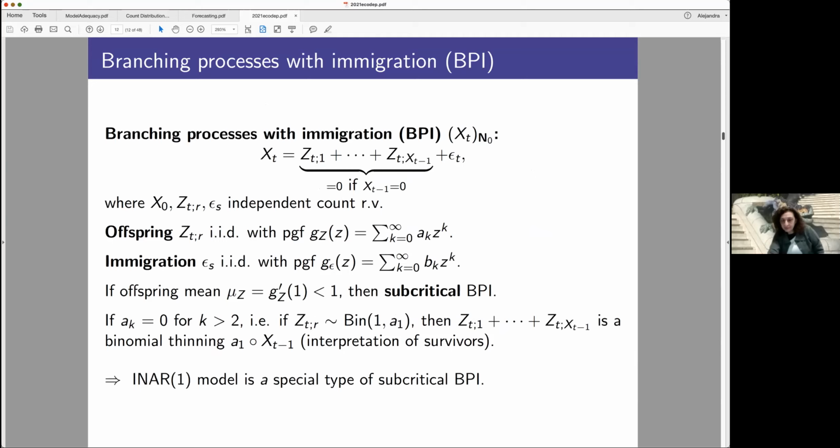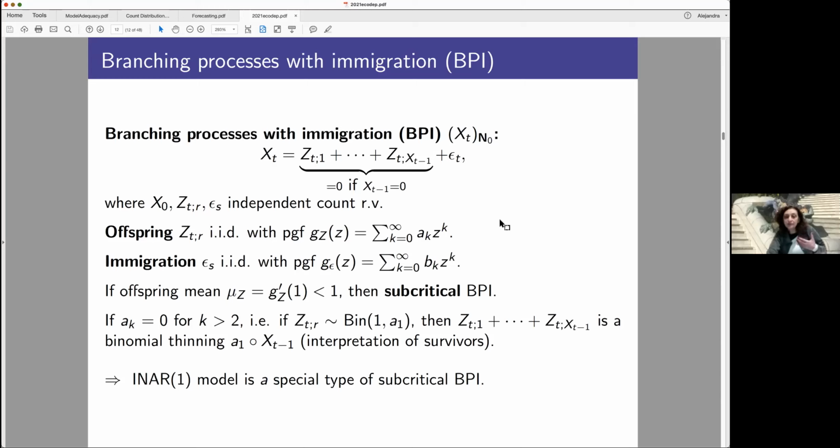And in order to study possible stationary distributions, we have to observe that this is a branching process with immigration. So it's a sort of Galton-Watson here, plus this immigration term noise here.